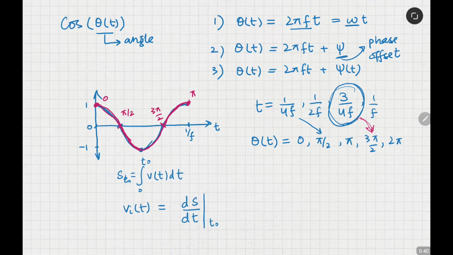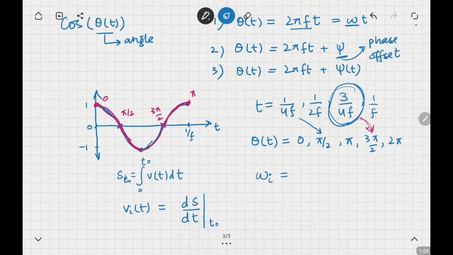So if you want to find the instantaneous angular frequency, it is similarly equal to d by dt of theta of t at any particular time t naught.